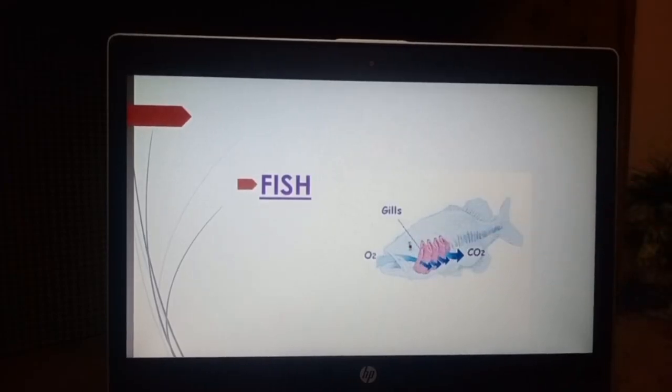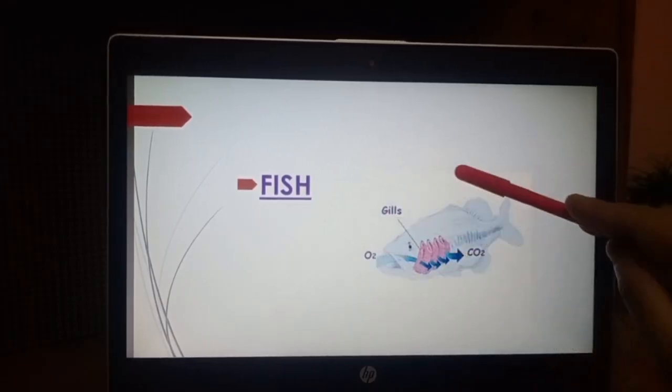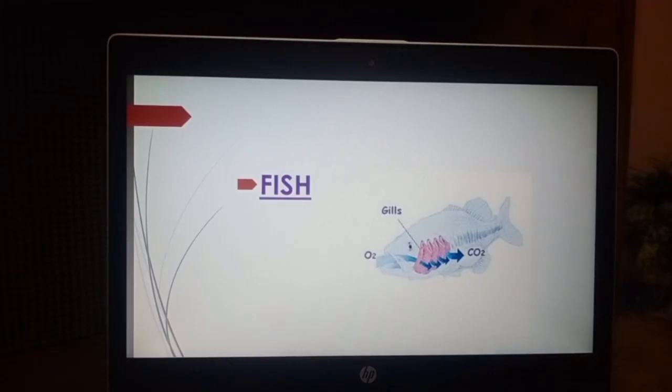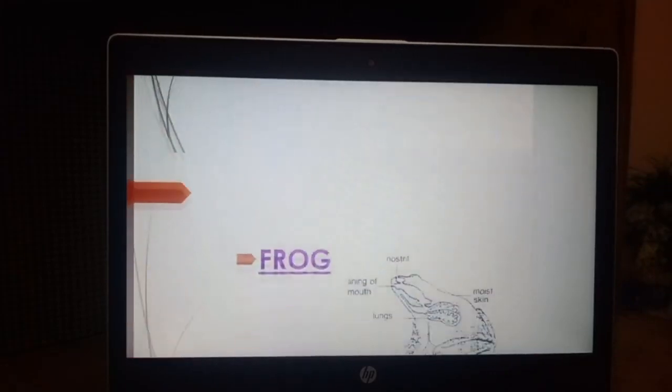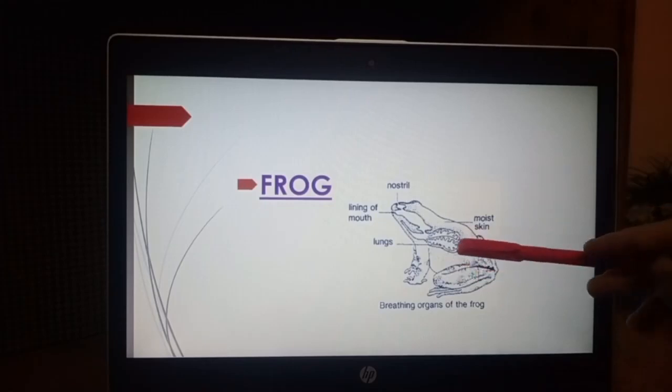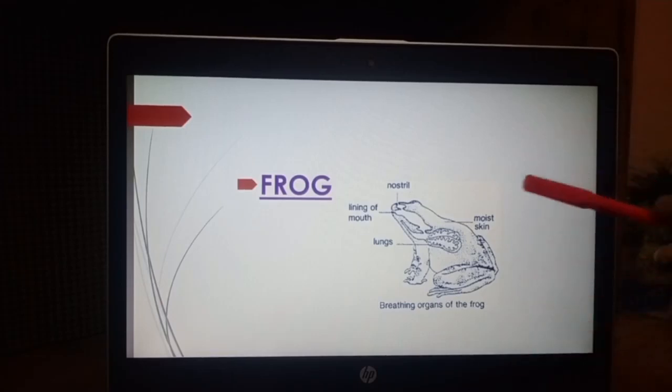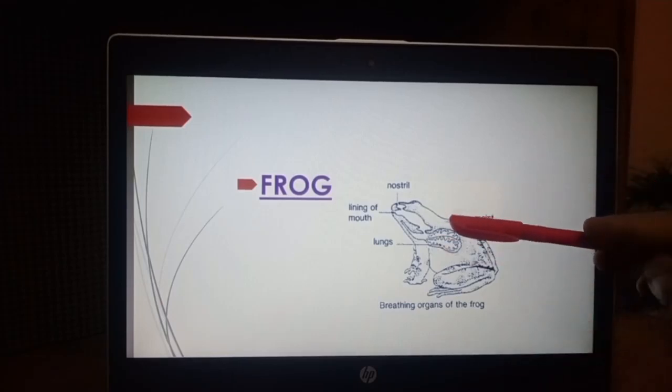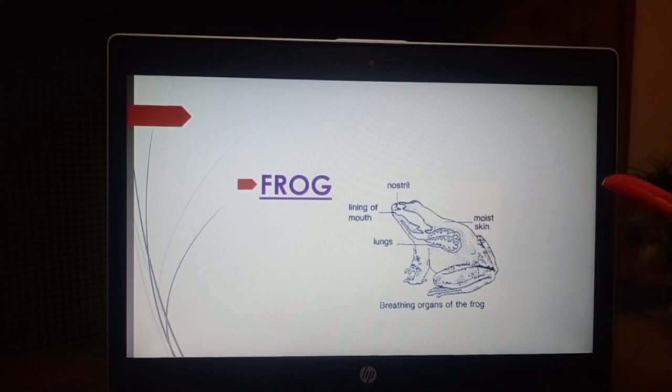So now students, we have discussed the gills breathing organ. Now let's move forward to our next example, that is frog. Yes, frog is a very unique organism because it has an ability that it can survive on land as well as in the water. So for both places, it has different types of breathing organs.